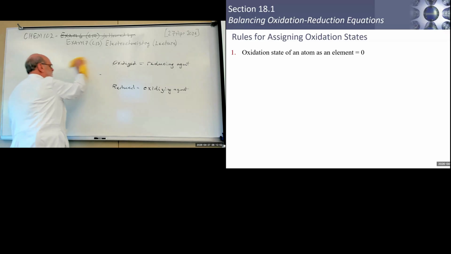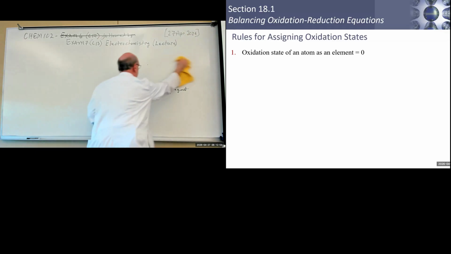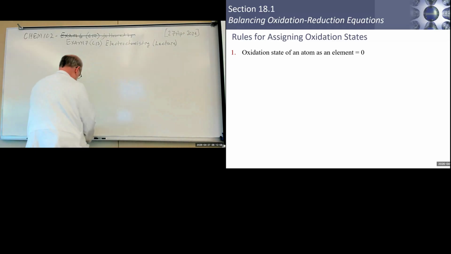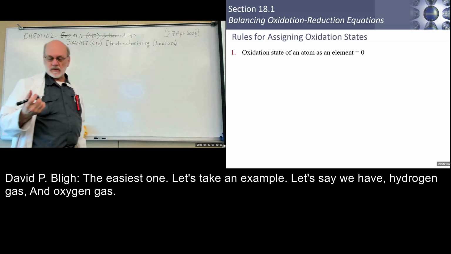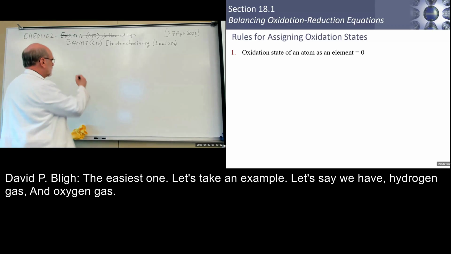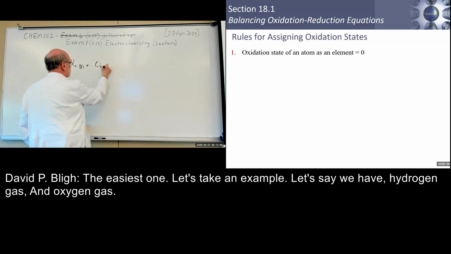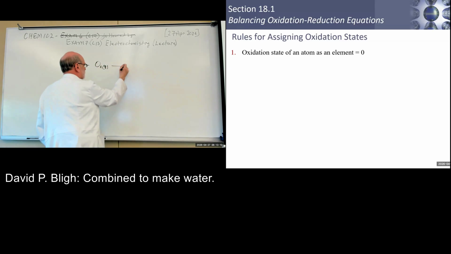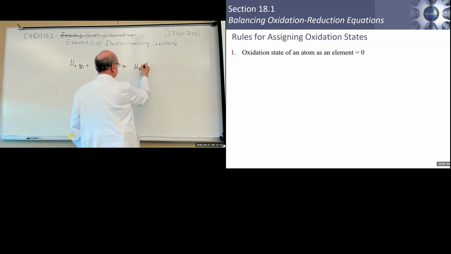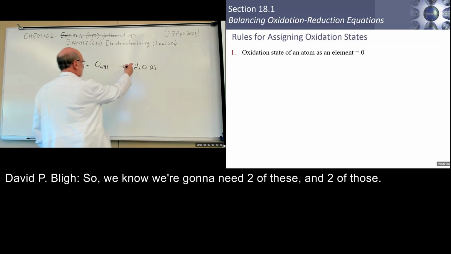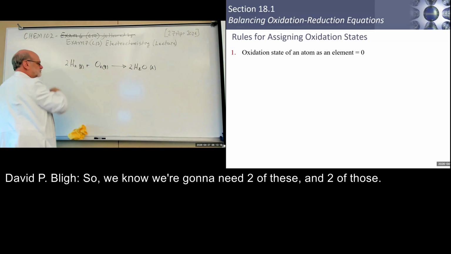So, rule number one. The easiest one. Let's take an example. Let's say we have hydrogen gas and oxygen gas combined to make water. Okay? So we know we're going to need two of these and two of those.